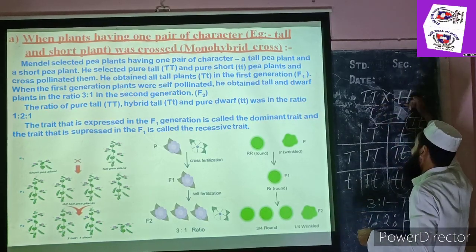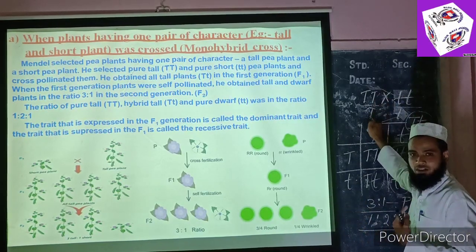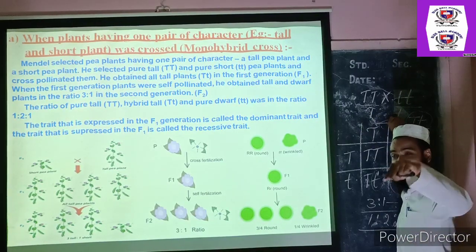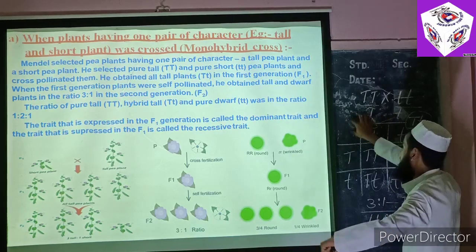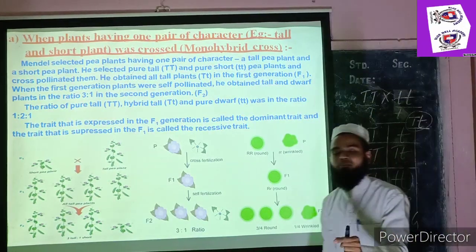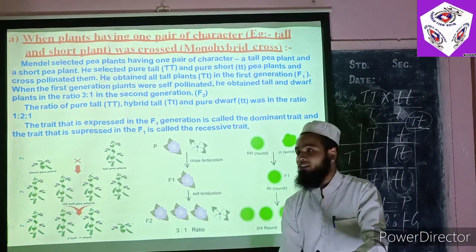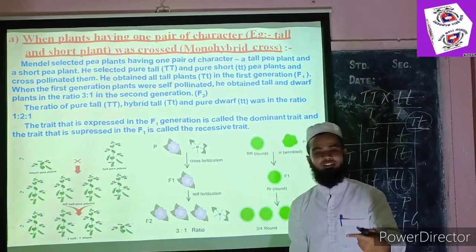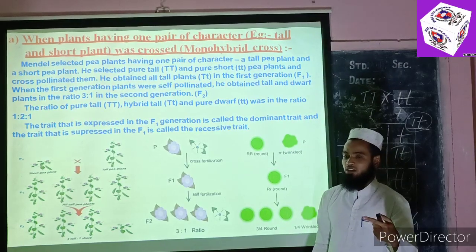They separate in the equal ratio. You can see here only one t has been separated, and here one t has been separated. They separate in the equal ratio during the gamete formation. This law is considered the law of segregation. Once again, I'll repeat the statement. Listen, what is the law of segregation?